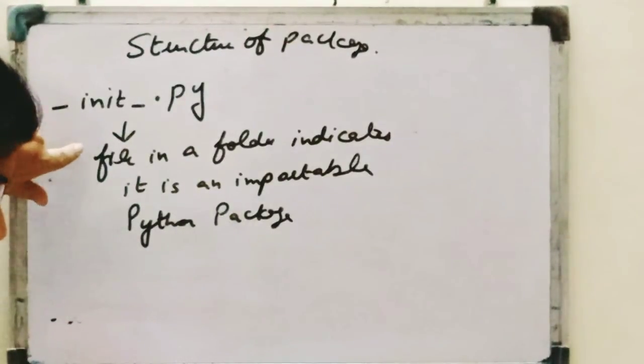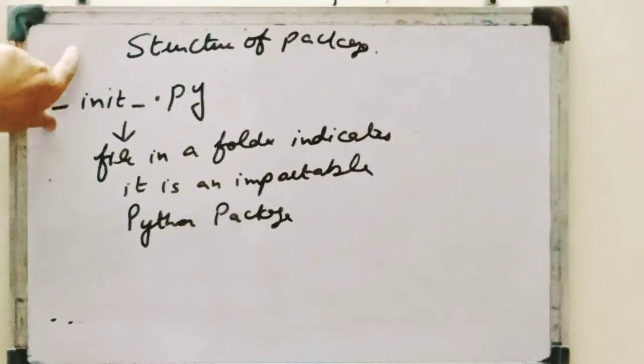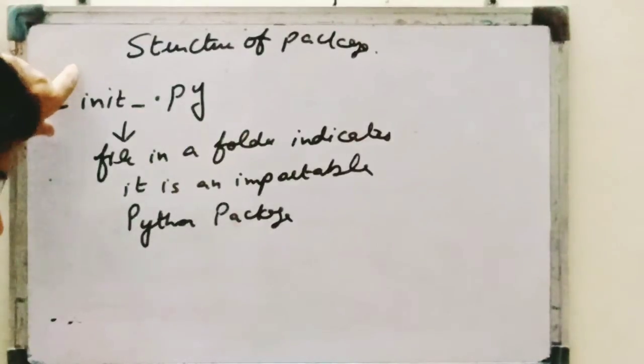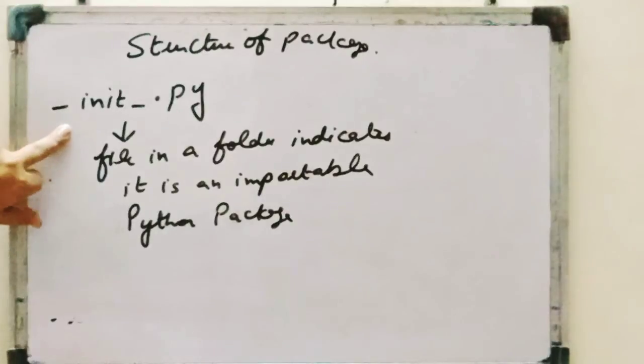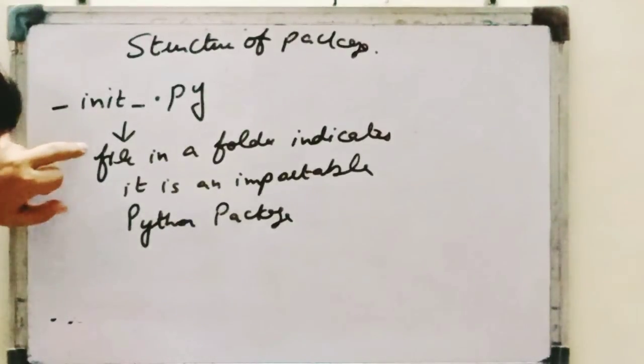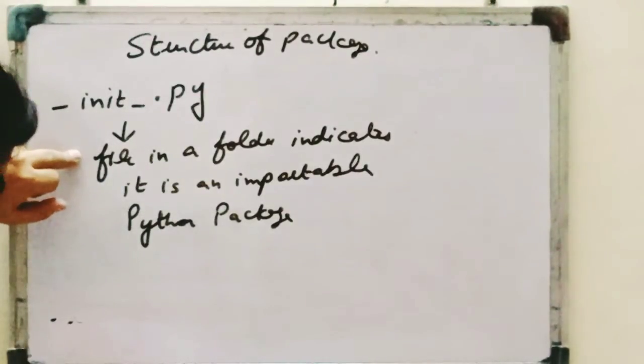You can add even an empty file having this name to make it a Python package. If you want to make any folder a Python package, you can simply add this __init__.py file.